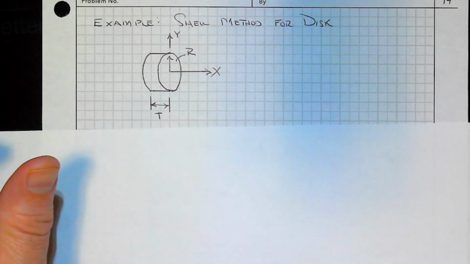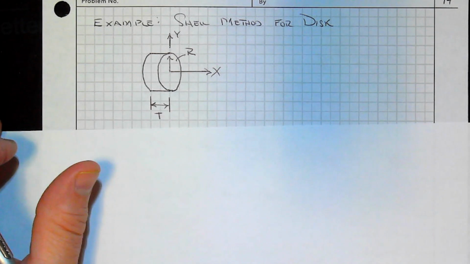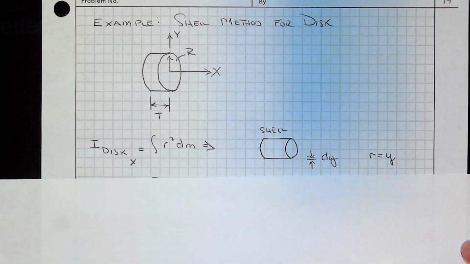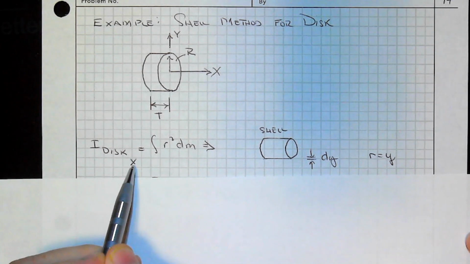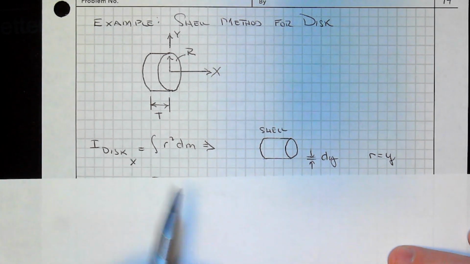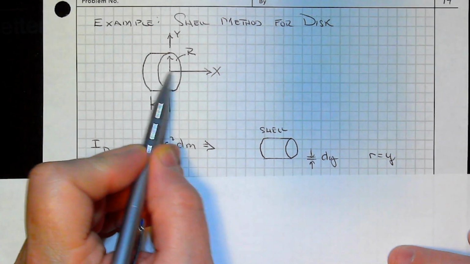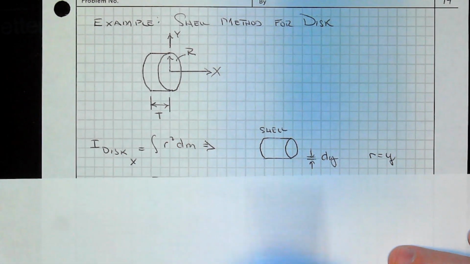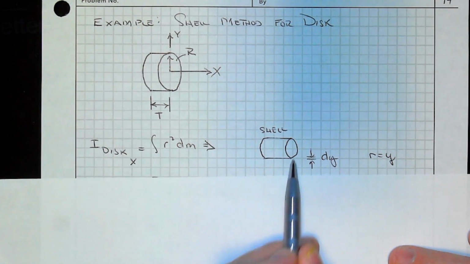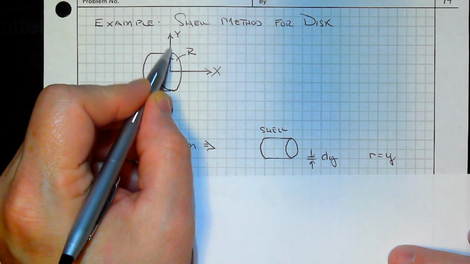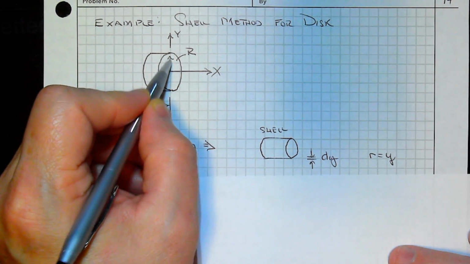Okay, so we're going to use a shell. So, the disk relative to the x, here's our integral r squared dm. We're going to make a whole bunch of shells. Little one here and a bigger one and a bigger one until we get out to the outside. So the shell has thickness dy. Picture as this goes around, I have this axis here going up so I can measure radius along the y.